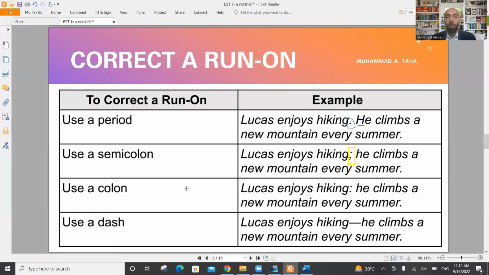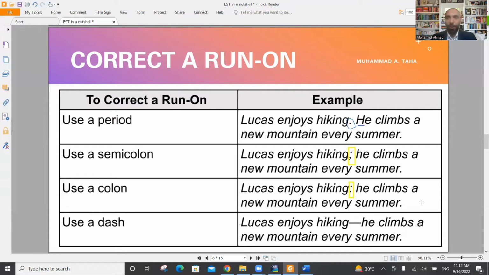Number 3, use colon. Colon like here, two dots, one is above the other. So I say, Lucas enjoys hiking, and colon, he climbs a new mountain every summer. Be careful of colon actually, because one of the uses of the colon is to add another sentence like here, same like the semicolon in this case, but be careful because we have other uses.